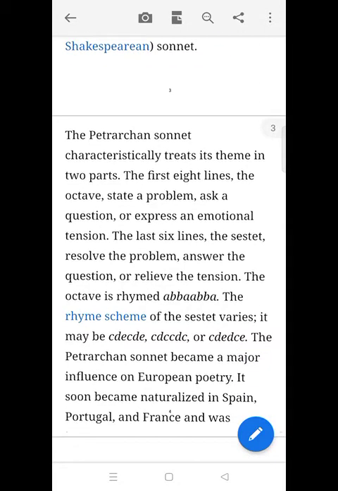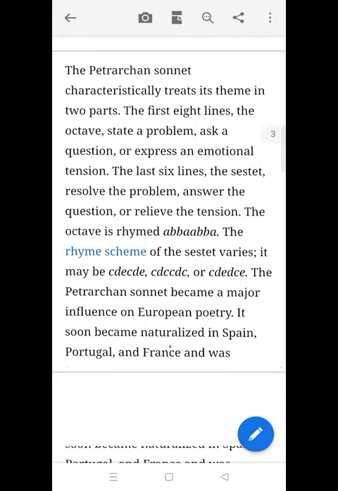The Petrarchan sonnet characteristically treats its theme in two parts. As I have already told, it contains 14 lines, and the first 8 lines are known as the octave, which states a problem, asks a question, or expresses an emotional tension.